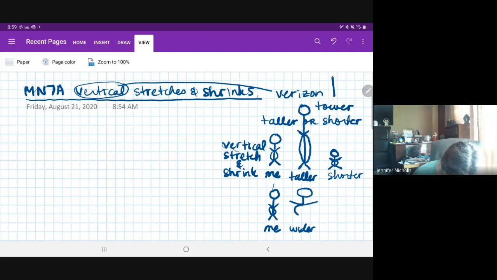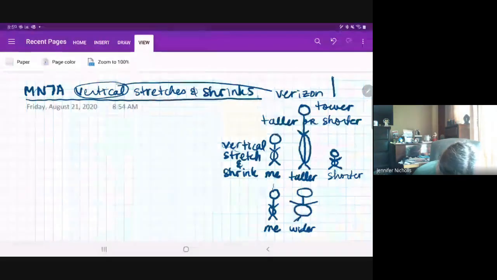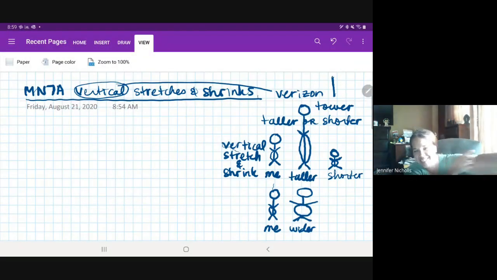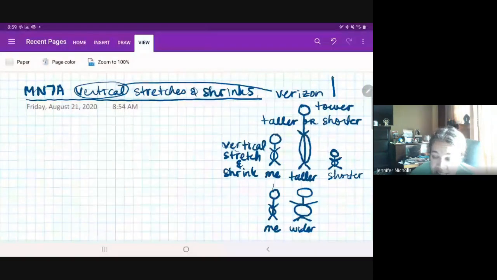My belly is going to be wider. And my legs are going to be wider. I'll show you with the graph too, but it's actually easier with a person. So imagine a person got wider. Now they didn't get shorter, but sometimes shorter looks better.